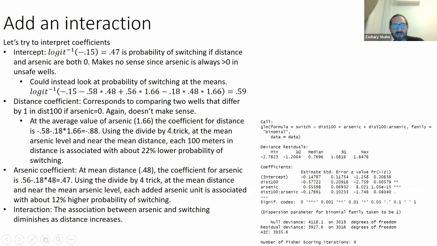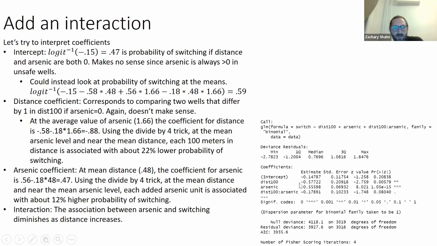It's a nice thing to use to quickly interpret a regression coefficient, but it's not worth deeply understanding, I don't think. So we can divide 0.88 by 4, and that tells you that at the mean arsenic level and near the mean distance, each 100 meters in distance is associated with about 22% lower probability of switching.